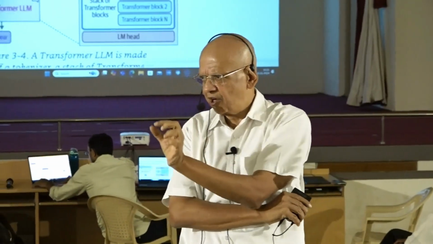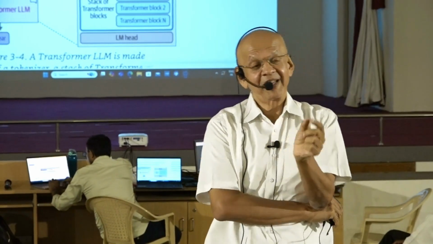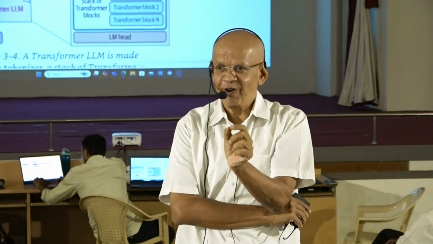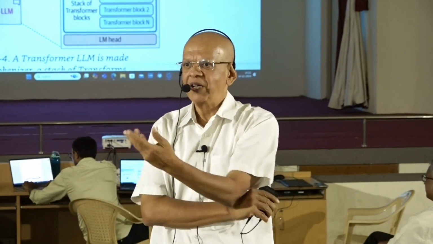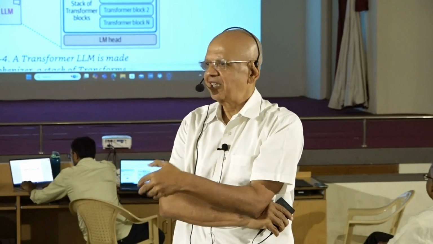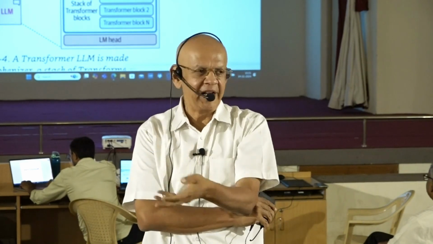Now, why are these tokens important? Token is the unit of operation for the LLM. The LLM never works on words. It works on tokens because they are small pieces of words which we get used to. There is another reason why we should know about tokens, because the monetization of LLM happens on tokens. So when you ask how much this LLM is costing, it will say so much per token or per million tokens.